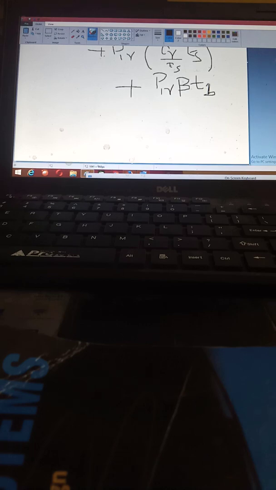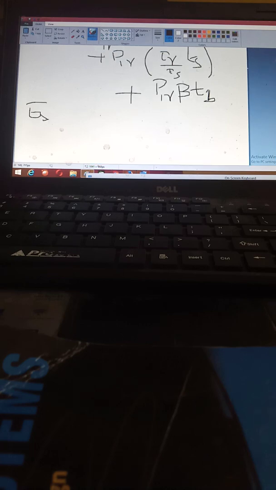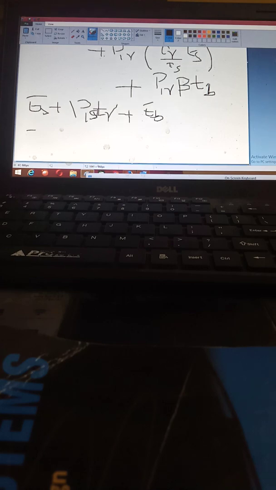So I will write it as ES plus P1s TR plus EB is equal to, everywhere right side P1R is common, right? So P1R into first term gamma TST, second term only TR, okay.